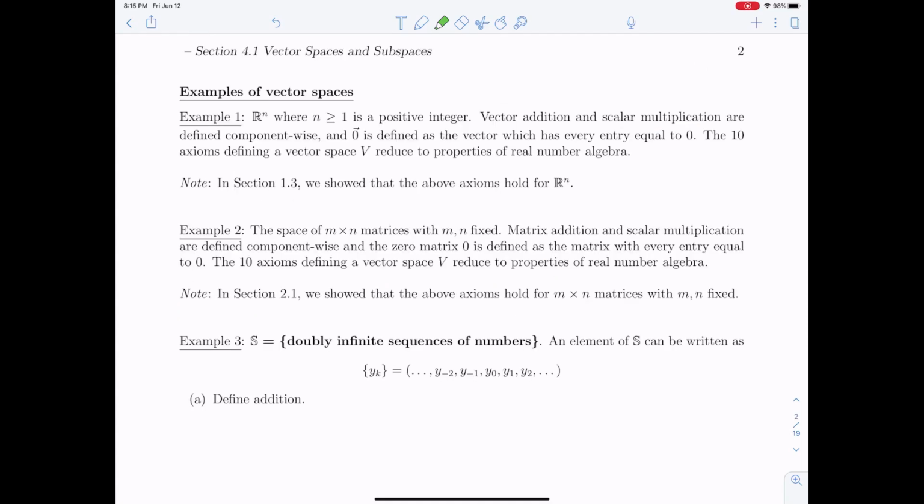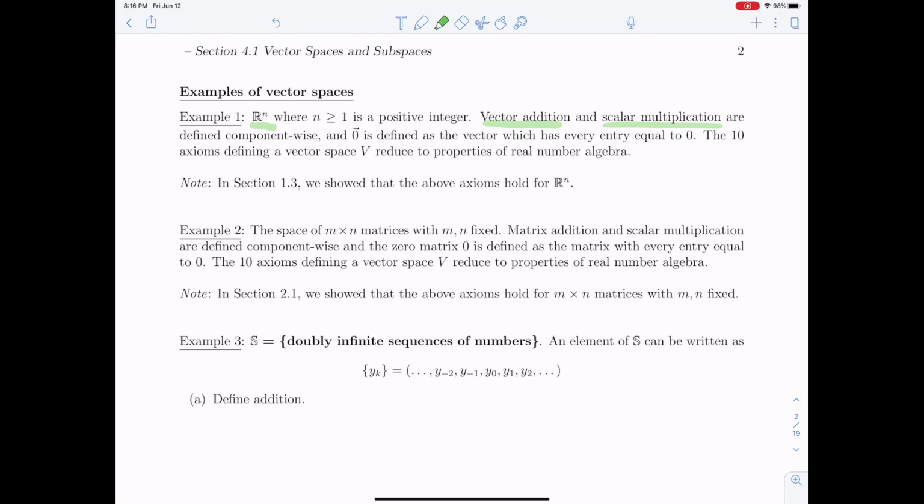So let's see some examples of vector spaces. R to the n, which is the set of n-dimensional vectors, is indeed a vector space when the vector addition and scalar multiplication are defined component-wise, and we have checked that R to the n satisfies the axioms for the vector space in section 1.3.